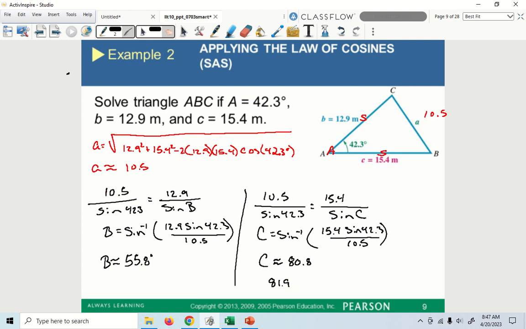There is a rounding issue because we approximated. That's our one issue we have. So the 81.9 is a better answer than 80.8. Now, does that make sense? Yeah, hopefully. But again, if you showed me your work on how you got the 81.9, I'll still give you the credit on that. But that's the better answer.